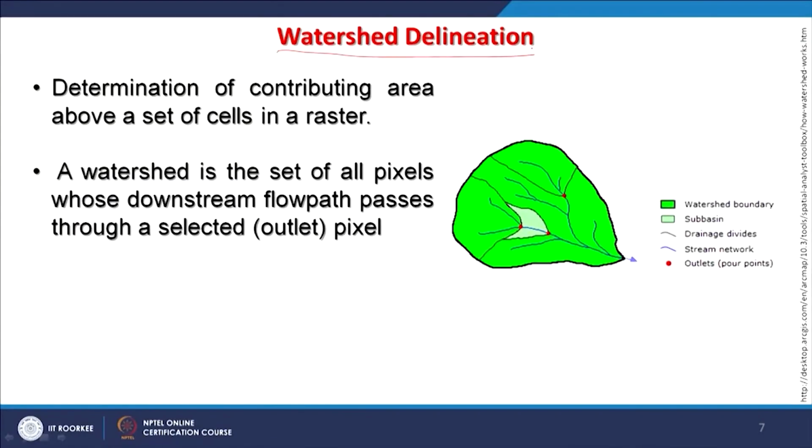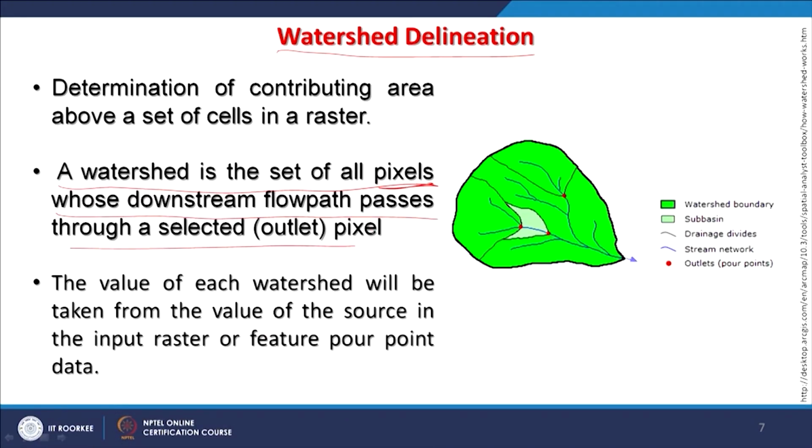So from the surface hydrologic modeling point of view, a watershed is the set of all cells whose downstream flow path passes through a selected outlet cell, and the value of each watershed will be taken from the value of the source in the input raster or feature pour point data.